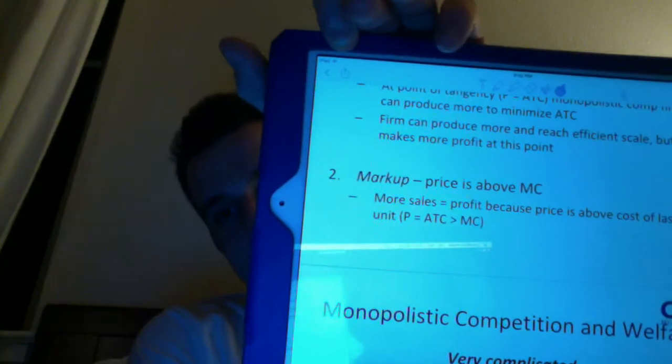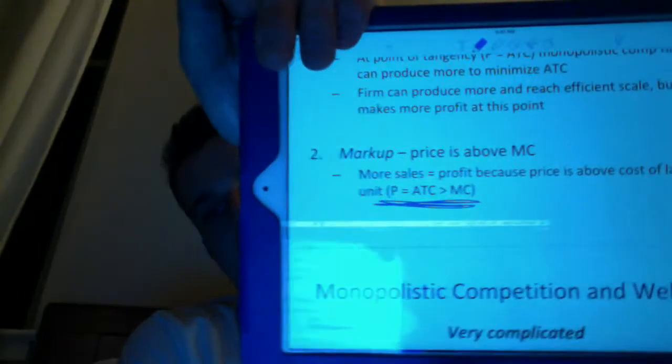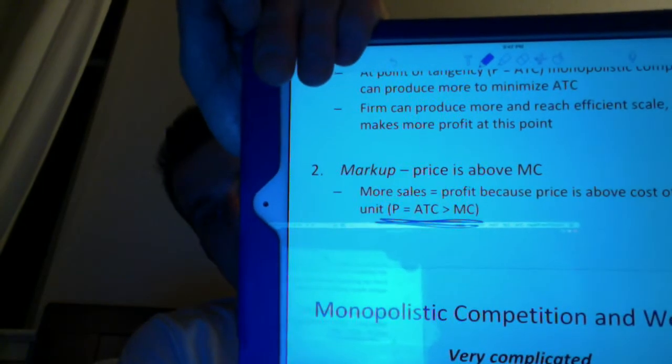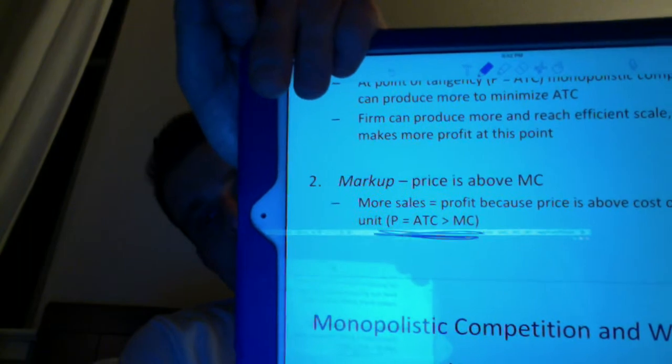Here, demand is up here. Marginal cost and marginal revenue meet down here, so consumers are willing to pay a higher price and they get a markup. And the key there is that price is equal to average total cost, which is greater than marginal cost right there. That's very key. So that's how you get short-term profits and why there is markup.